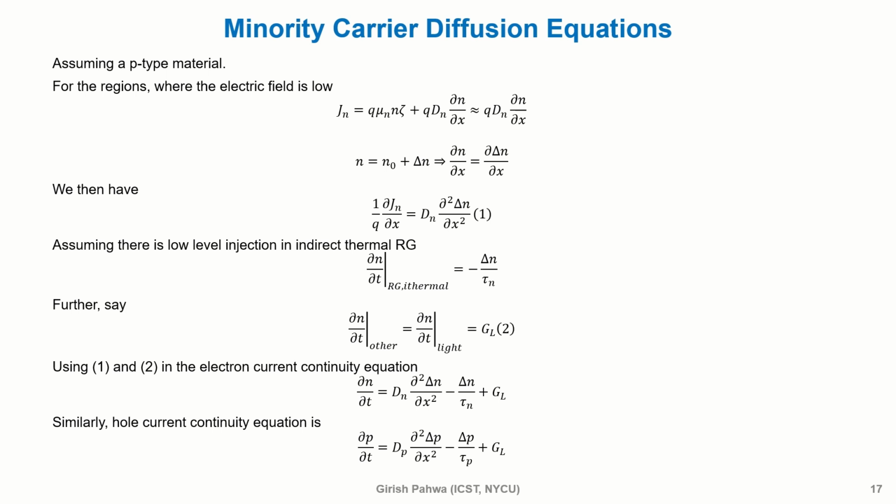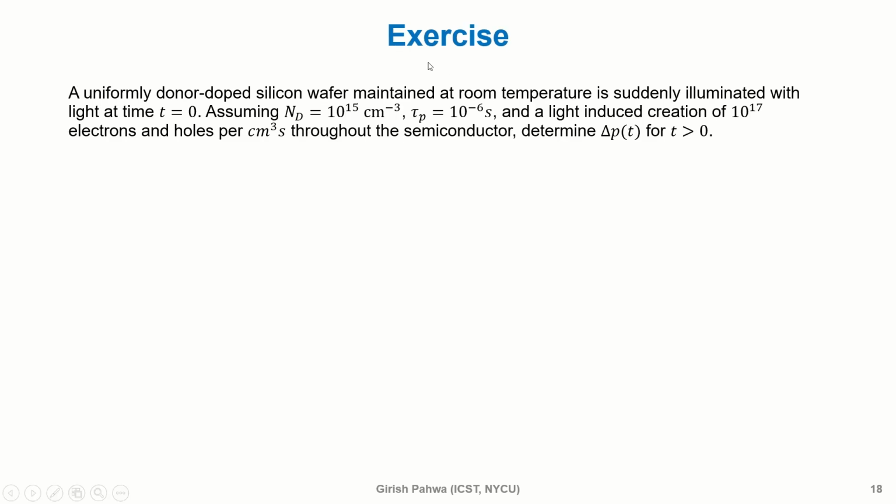Okay, so let's do some exercise. Say I have a uniformly donor doped silicon wafer, maintained at room temperature, 300 Kelvin. The full wafer is suddenly illuminated with light at time t equal to 0, so there is going to be some generation and recombination because of the light. Assume the doping density is 10 to the power 15, and you have been given the minority carrier lifetime for the hole, because you have n-type material, so the minority carrier is the hole.